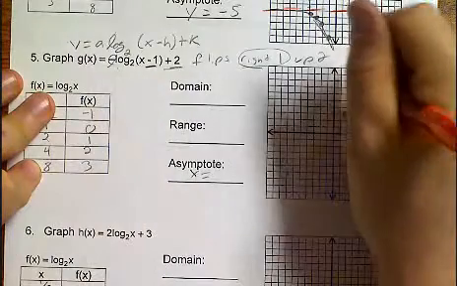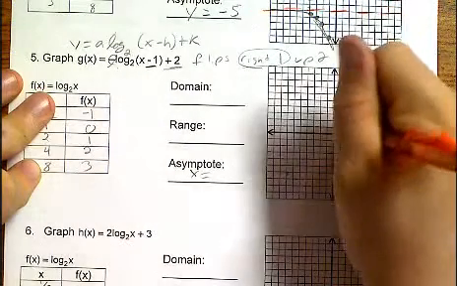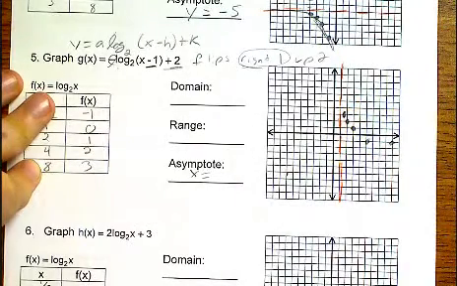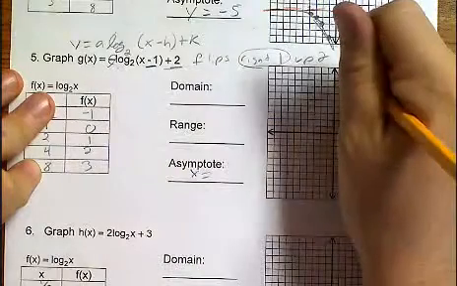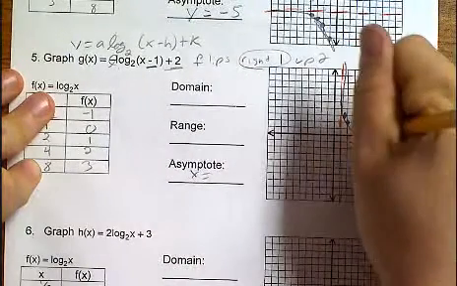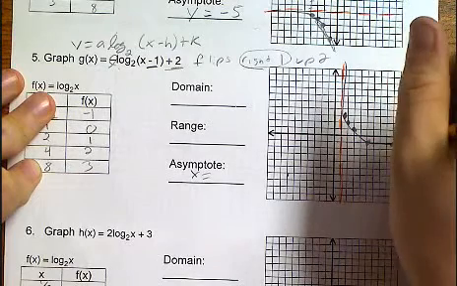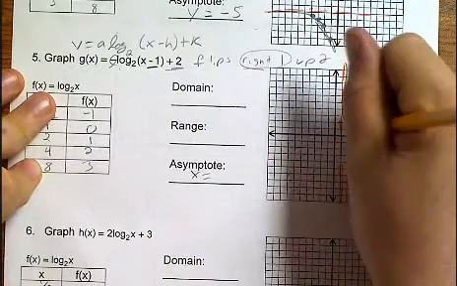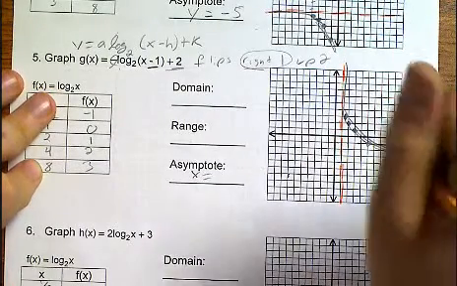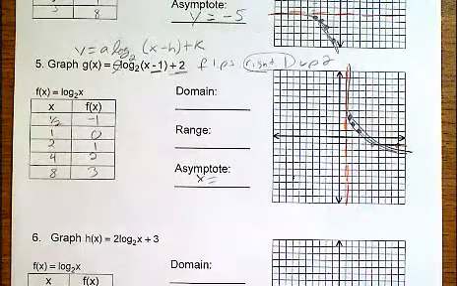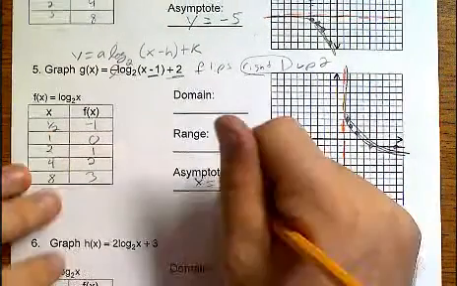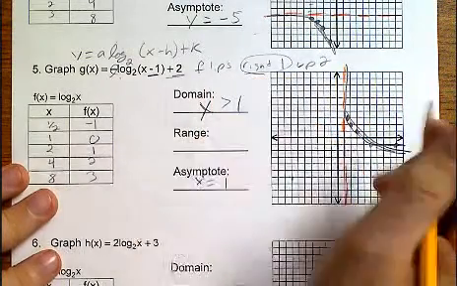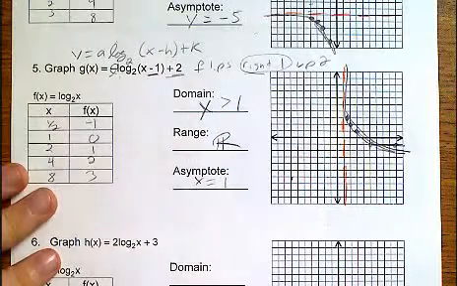So our asymptote here is at 1, which means we hug the asymptote. And our line goes out there. So our asymptote is at x equals 1, which means our domain is that x has to be greater than 1, and our range is all real numbers.